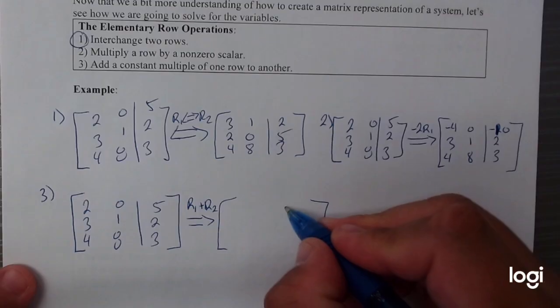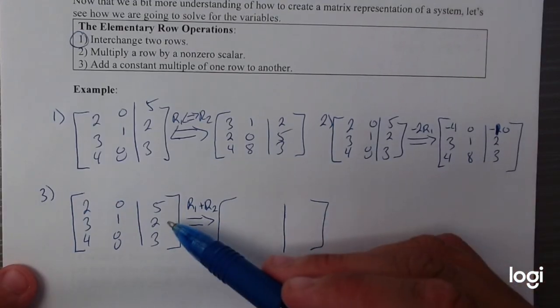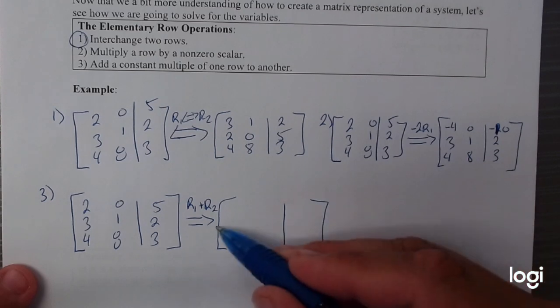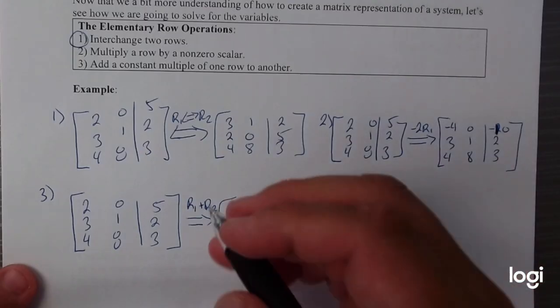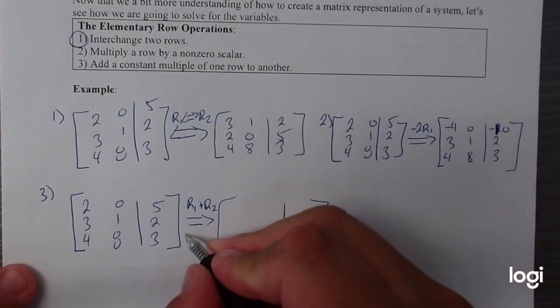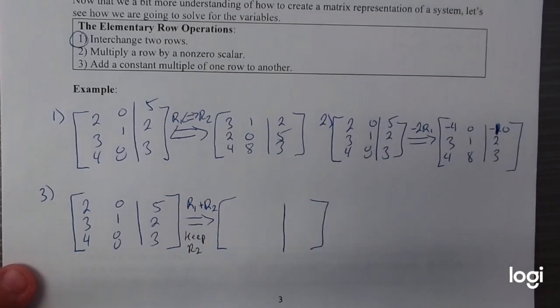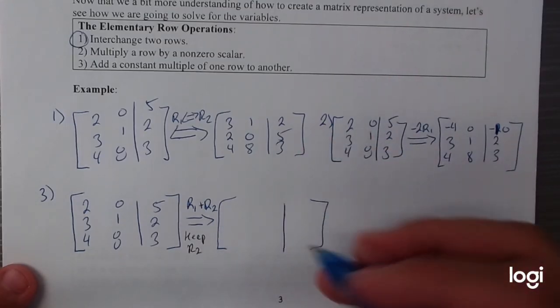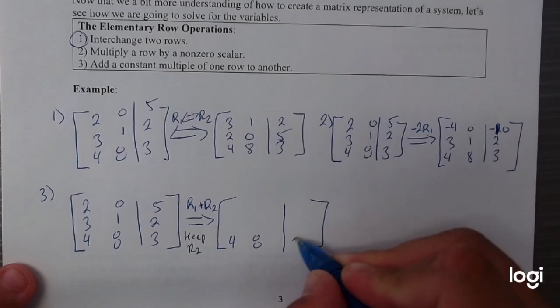And now you have a choice. You could put that result either in the first row or the second row, and everything else will stay the same. So what I'm going to do is keep row 2 the same, meaning the result is going to be row 1. So I did nothing in row 3, so I'm just going to copy that down.